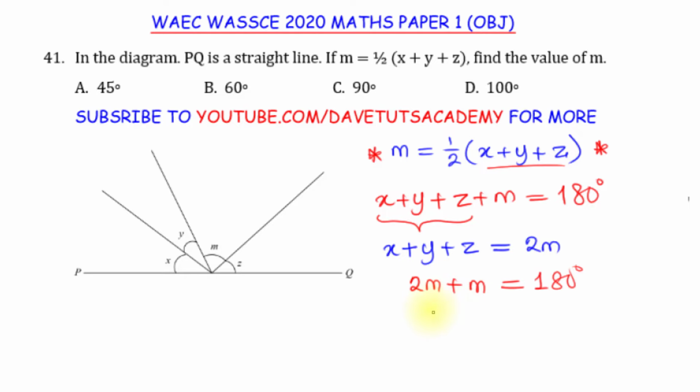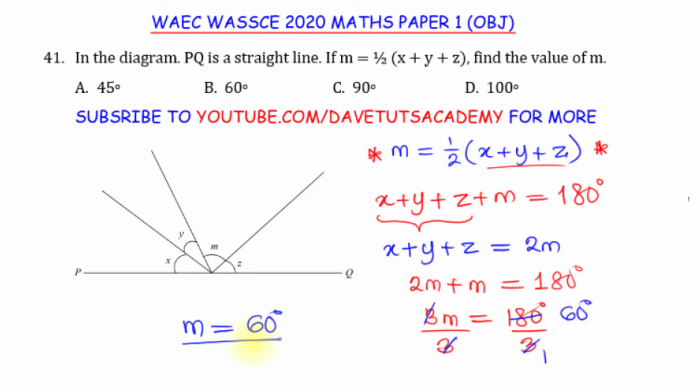Then you can see that 3M is equal to 180 degrees, and if you divide both sides by 3, the 3 cancels, and 180 divided by 3 is 60 degrees. So the value of M that we're asked to find is 60 degrees, and looking at the options, that is reflected in option B, 60 degrees.